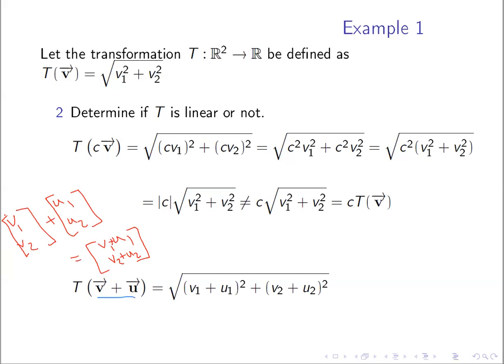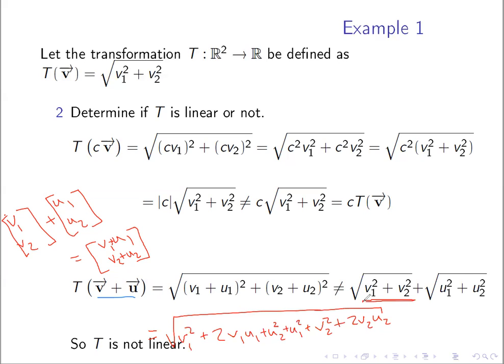Now, here's an important thing. If you wanted to multiply this all the way out, you would end up with the square root of V1 squared plus 2 V1 U1 plus U1 squared plus V2 squared plus 2 times V2 U2 plus U2 squared. Well, I want this essentially to be equal to the sum of their squares, so that would be the square root of V1 squared plus V2 squared plus U1 squared plus U2 squared.